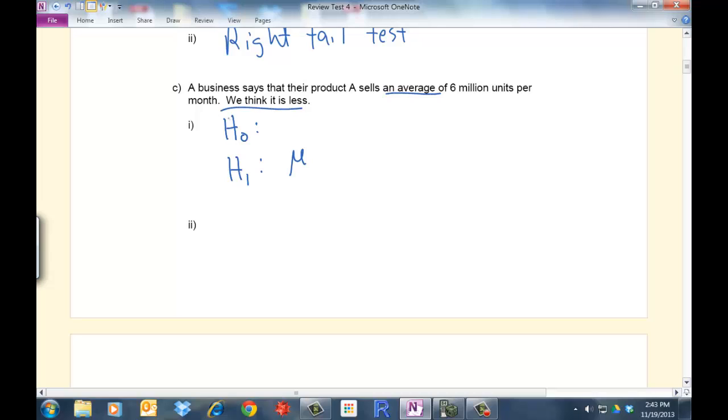We think it is less. Less than is mu less than 6 and mu equal to 6. And this would be a left tail test.